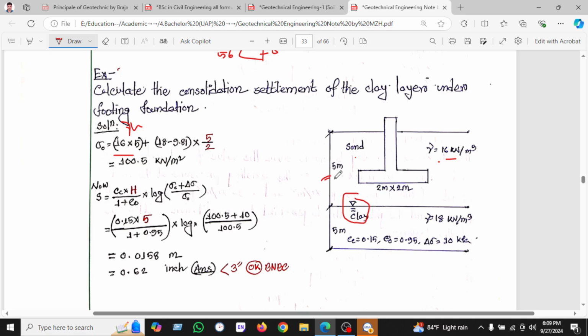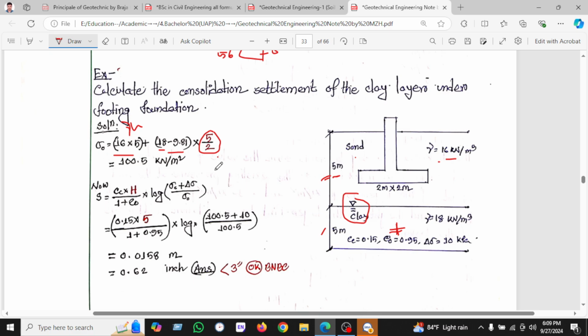Okay, and the height is 5 meter, and the second layer is 5 times the unit weight minus water, which is 9.81, because the water level is below the 5 meter, and 5 divided by 2. Why do we use 5 divided by 2? Because we are taking the settlement at the middle of this layer. That's why we divide it by 2.